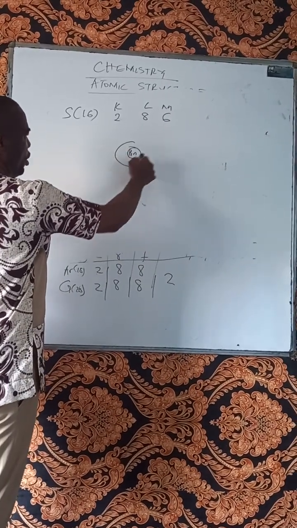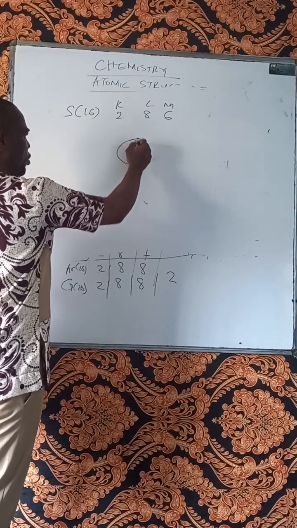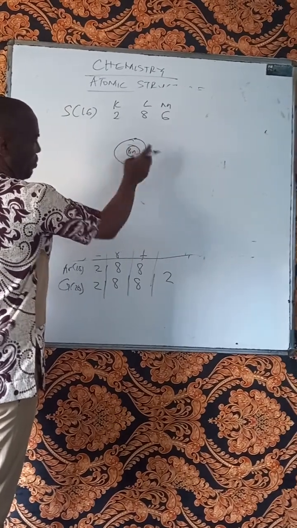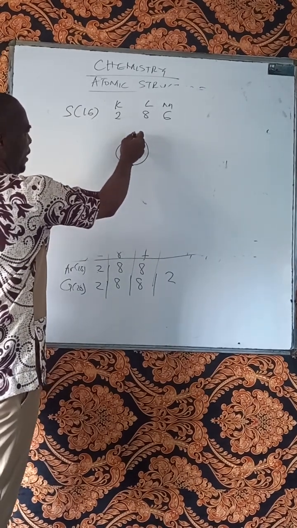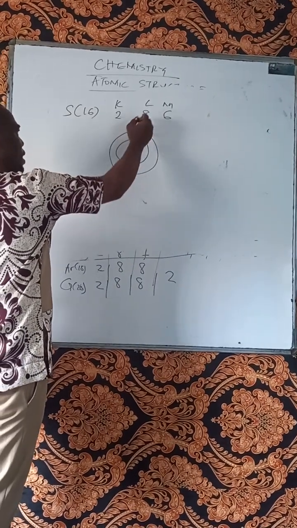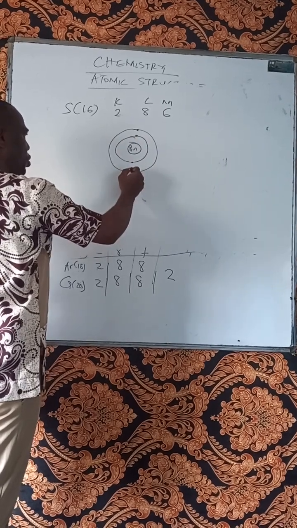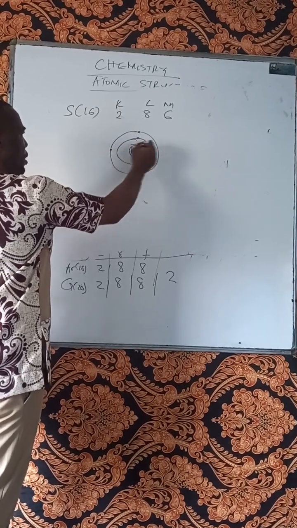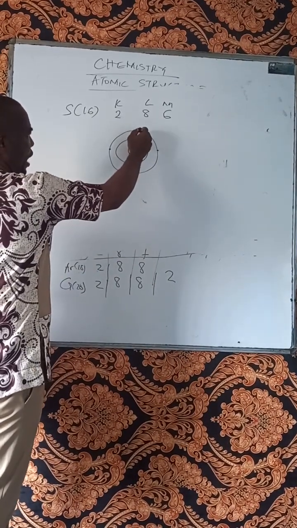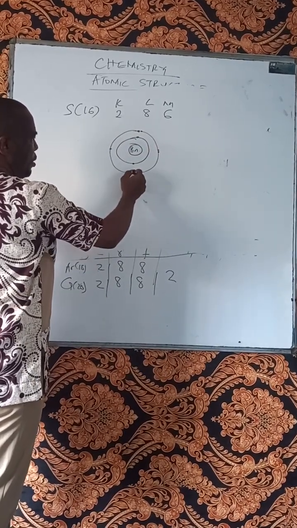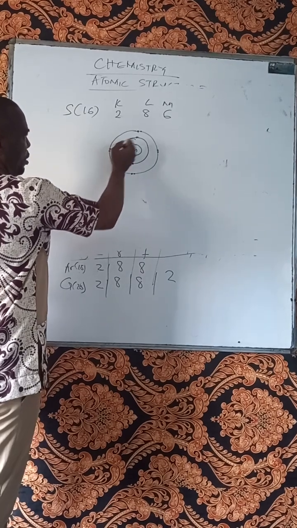Then the K shell, one electron in north, one south, or I can still use west and east to make it uniform. Then the L shell will have 8: one north, one south, west, east. You start now pairing the remaining 4: 5, 6, 7, and 8.